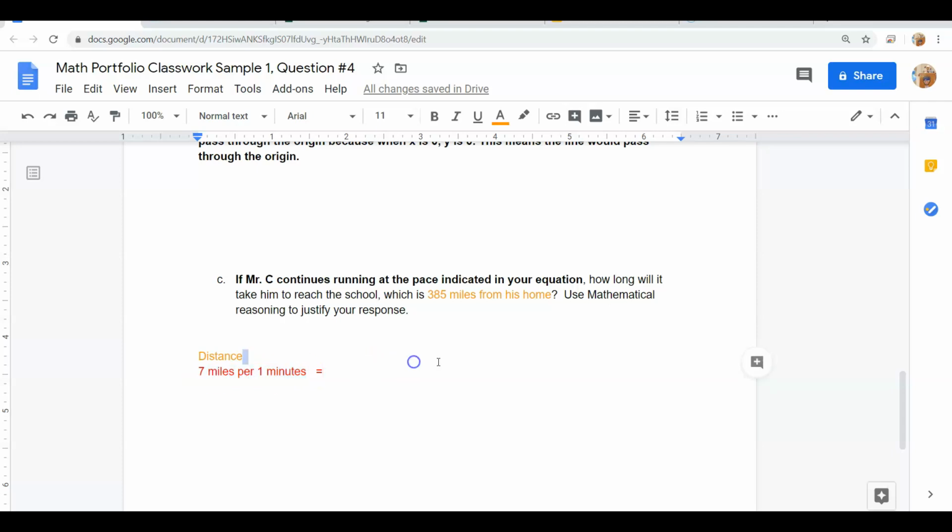Every 1 minute he goes 7 miles. So to figure this out, we have to do 385 and divide that by how many miles he goes per 1 minute. So 385, divide that by 7, and it's going to equal, if you did it, 55.